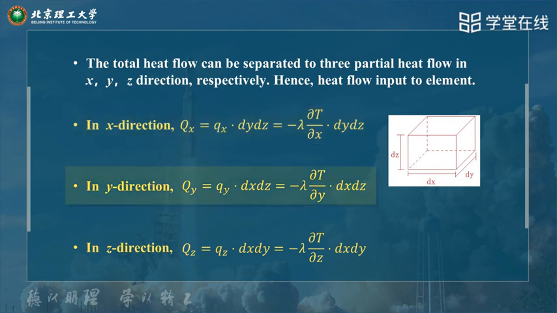Also in the y direction, Qy is small qy dx dz, also equal to minus lambda partial t partial y dx dz. In the same way, in the z direction, Qz equals small qz dx dy, also equal to minus lambda partial t partial z dx dy.